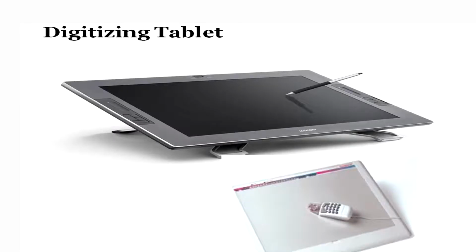You can directly draw on that tablet, and you have a mouse shaped puck also, which helps you to choose between various options. So, it is a very useful device for the designers who would like to draw on the machine and capture the electronic form rather than making on the paper and then getting it scanned. So, this is what is a digitizing tablet.